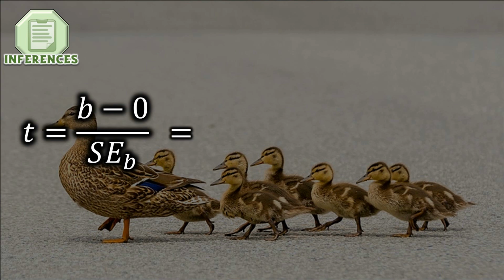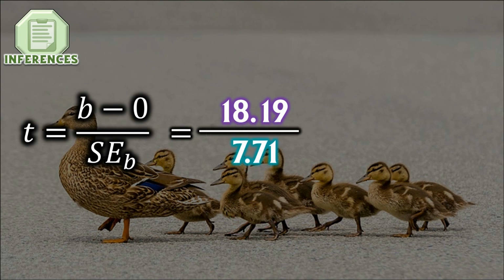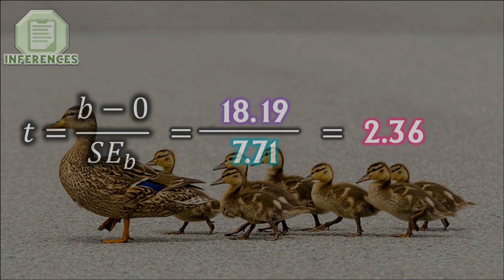Well, b I've got from my regression line, 18.19, and from that regression chart on the applet, I know the standard error of b to be 7.71. So I could calculate my t-value of 2.36 by hand, but I have to be told that standard error since we don't have the formula for it.